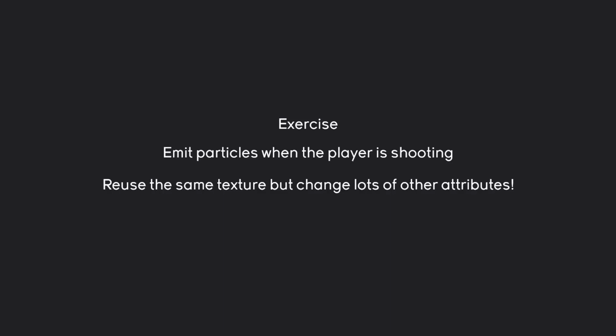Just see what looks good. Finally, a really important part is that one shot needs to be enabled. We only want to spawn a couple of particles when the player has shot a laser, but they should not be continuous. So with that, pause the video and try to implement your own particle system.